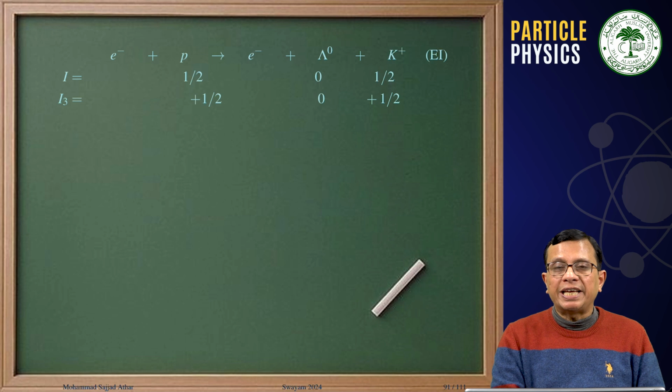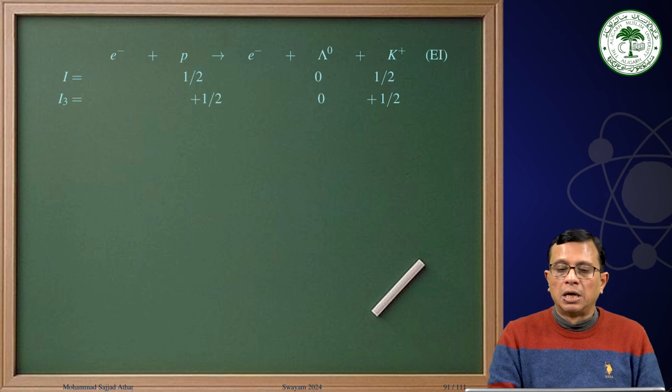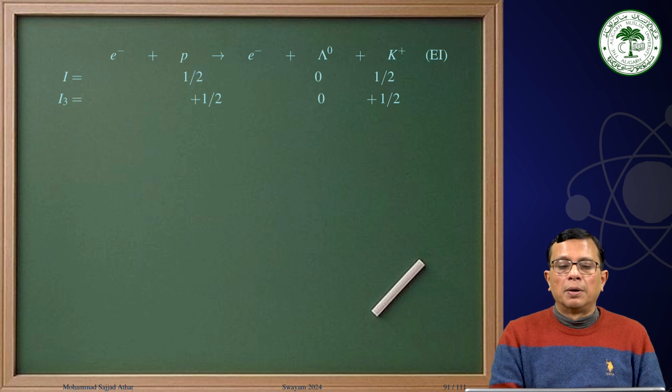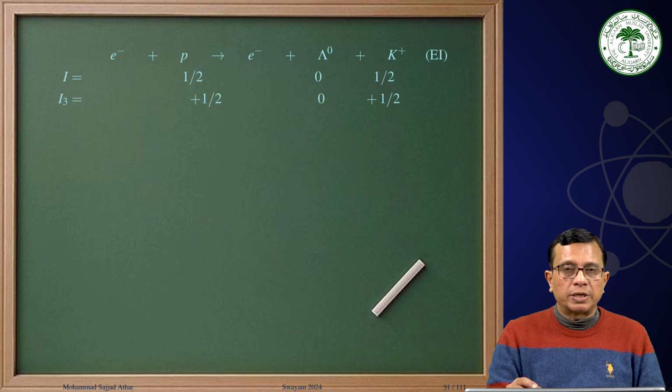See, I am not putting any sign before these numbers for I, while for I3, I am always putting some sign, either plus half or minus half or plus 3 by 2, minus 3 by 2. And as you can see that both of them are getting conserved. But since electrons are present here, therefore this will be an electromagnetic interaction process.